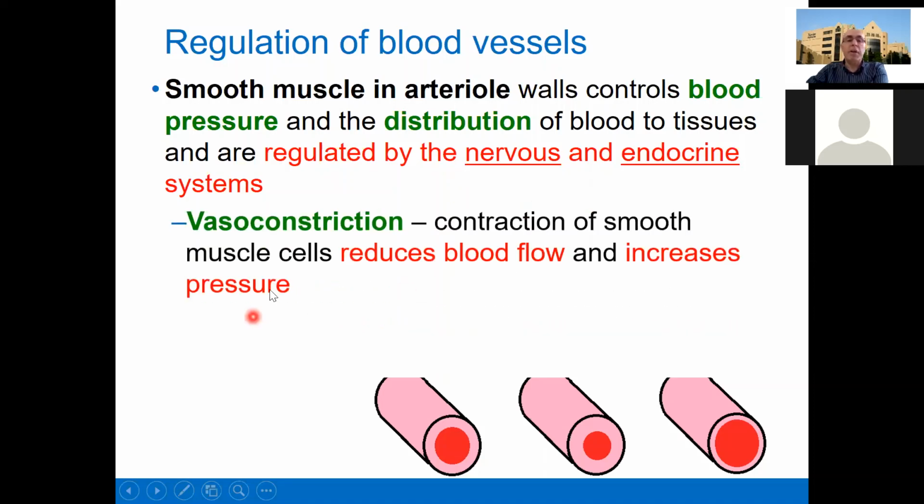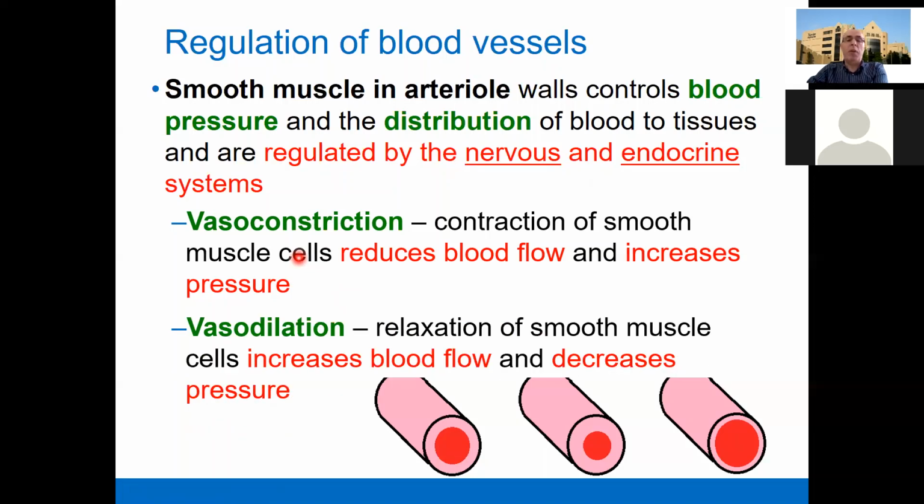Okay, vasoconstriction is a contraction of smooth muscle cells, which reduces the blood flow and increases the blood pressure. On the other hand, vasodilation is a relaxation of smooth muscles, which results in increased blood flow and decreased blood pressure.